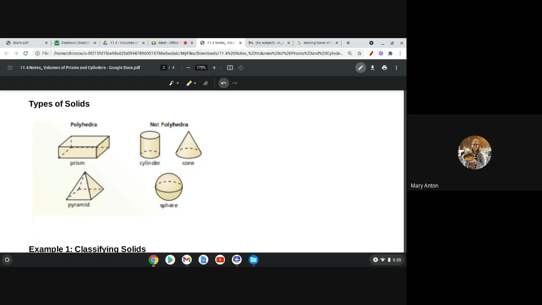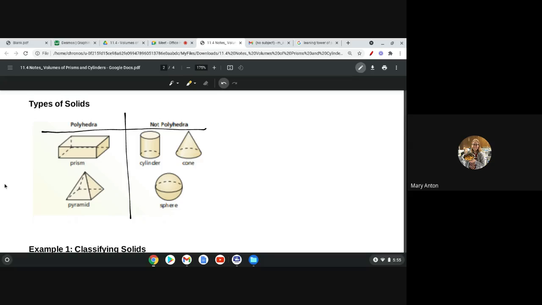So here we have this word polyhedra again, and this is like a T chart, so you could even draw this if you wanted to. So remember, polyhedra, the faces are all polygons, and we have these things called prisms and these things called pyramids.